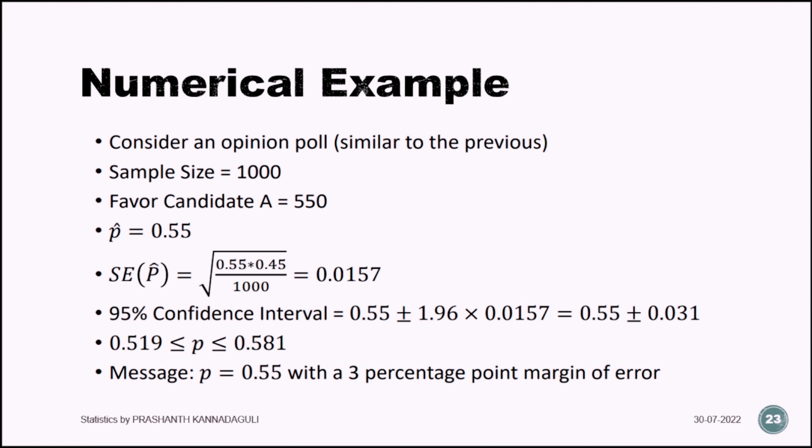How did we get that 3%? It is because of this number: 0.55 plus or minus 0.031. Convert 0.031 into a percentage by multiplying by 100, and it becomes 3. So you can consider 0.55, but there will be a 3% margin of error. It can be reduced by this or increased by this.